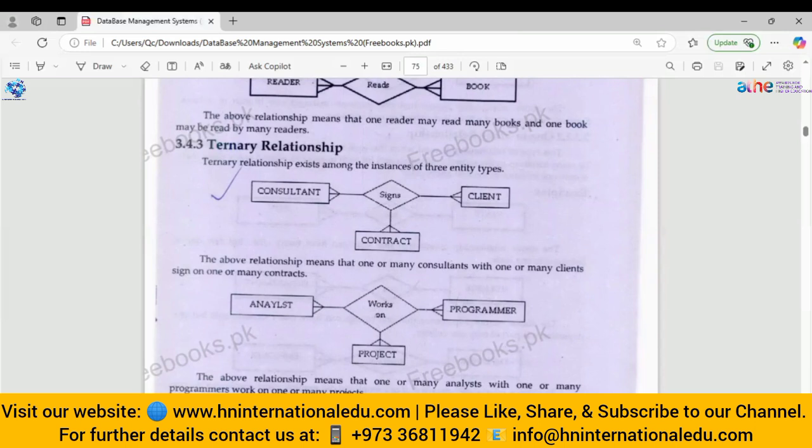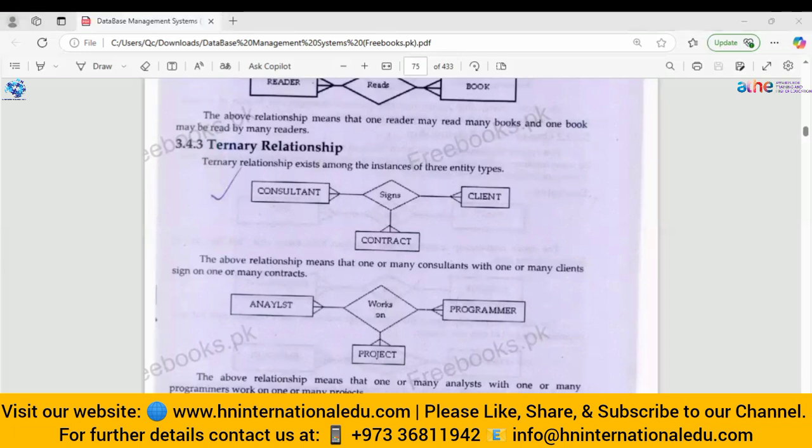Like the consultants can sign the contract, and then the client can also sign that contract. Another example: we have an analyst and a programmer, both of them work on the same project. Now project is another type of entity or table, analyst holds another table, and the programmer has its own entity. So somehow these three are related with each other. This is the example of a ternary relationship, how three entities are related with each other.